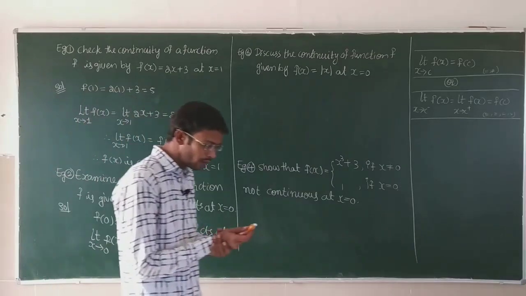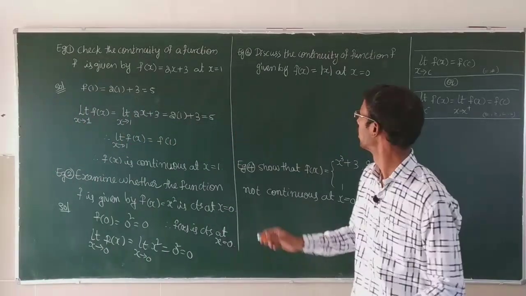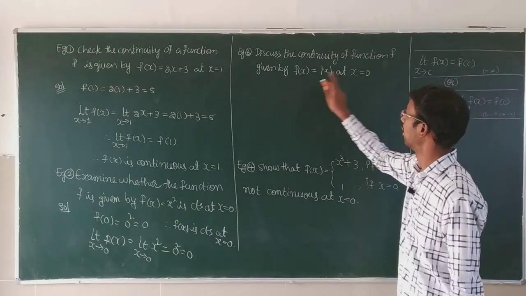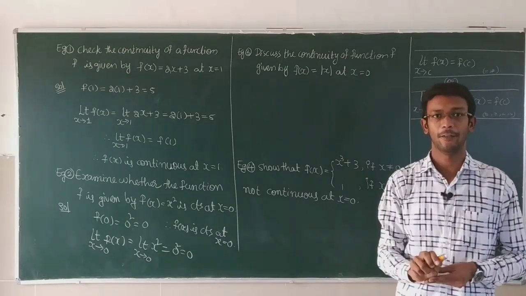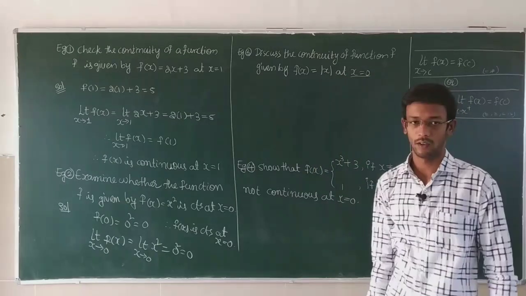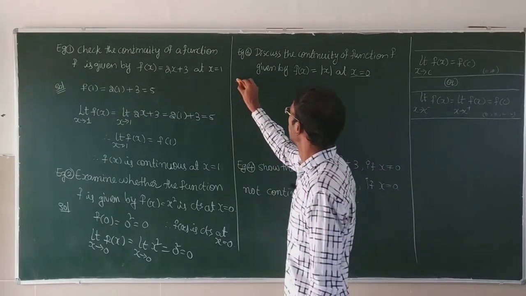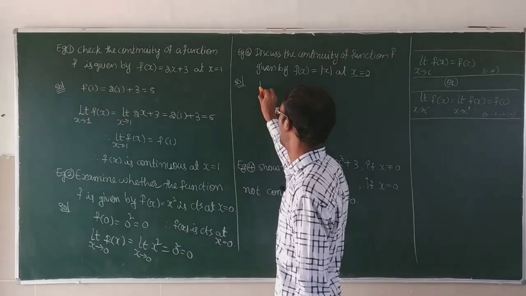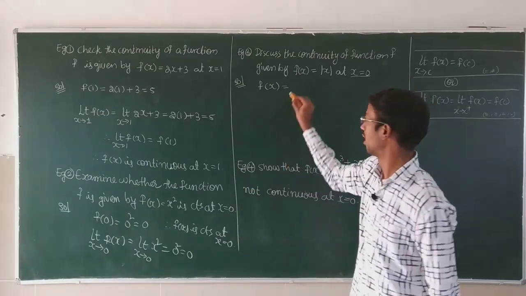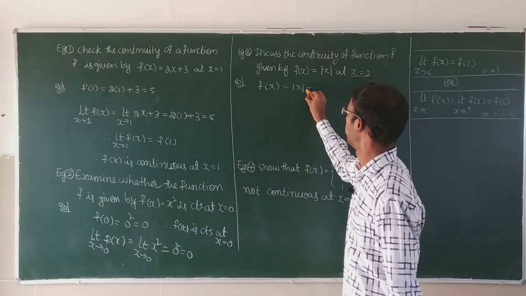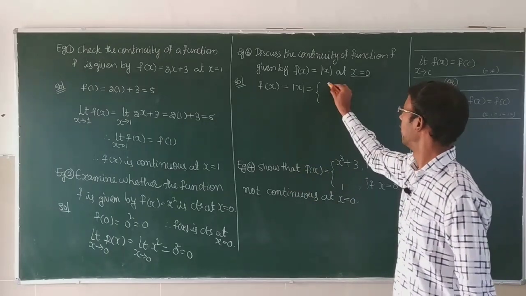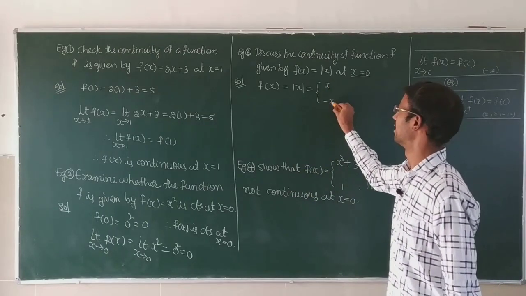Next, problem number 3. Discuss the continuity of a function f given by f of x is equal to mod x at x is equal to 0. First I will take the mod function. The mod function we can write in two ways, that is plus x and minus x.